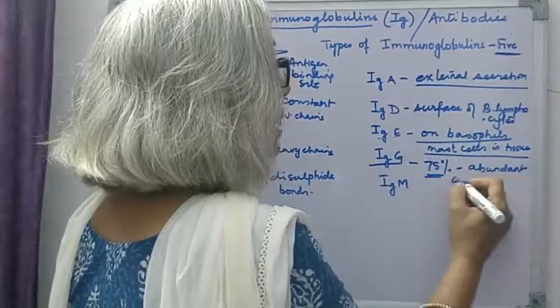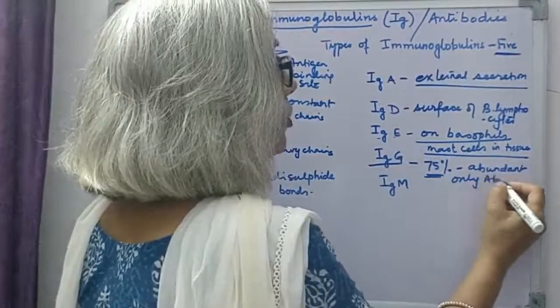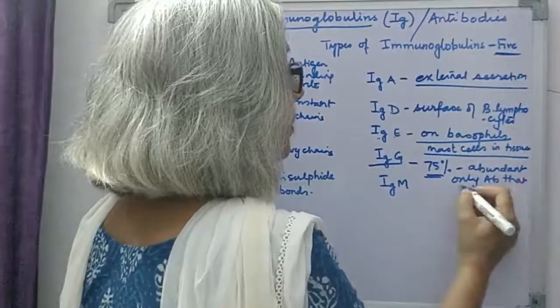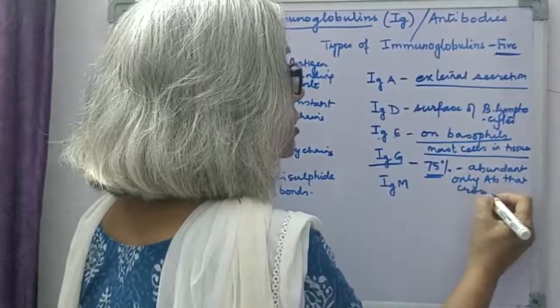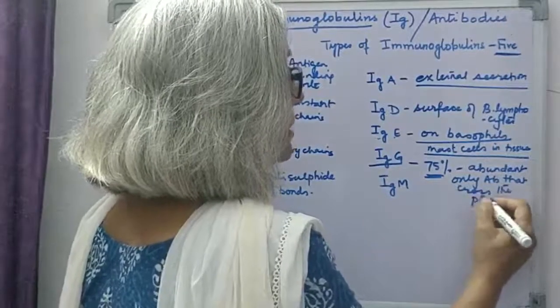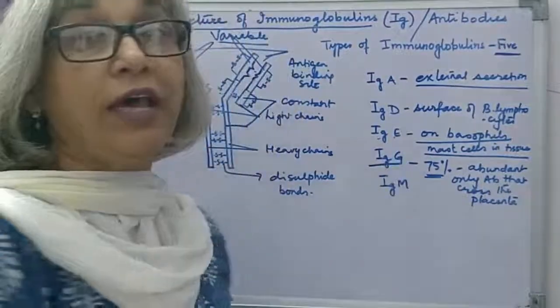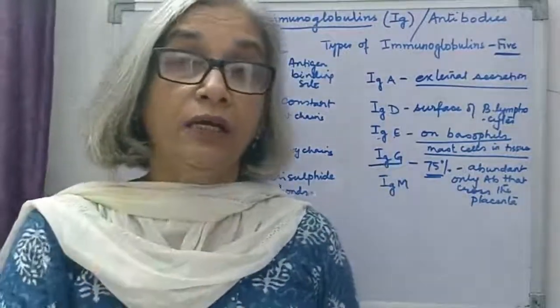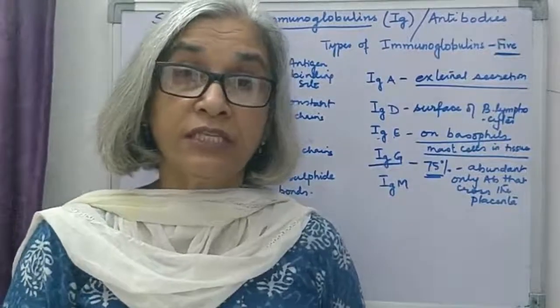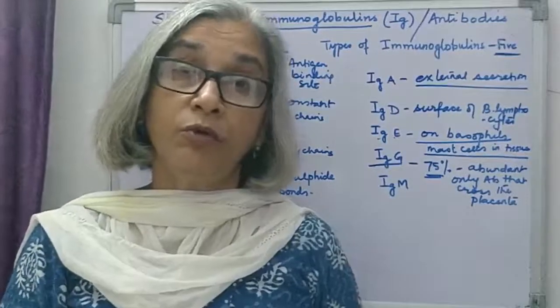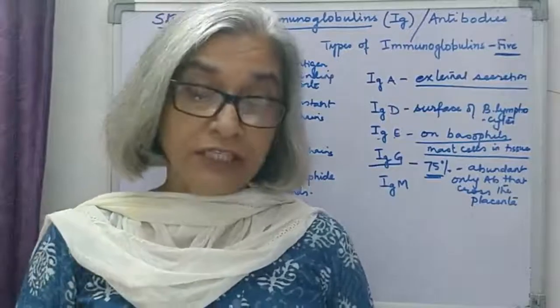Most abundant and the only antibody that has the ability to cross the placenta. So, because of which it works as a passive form of immunity in the fetus.